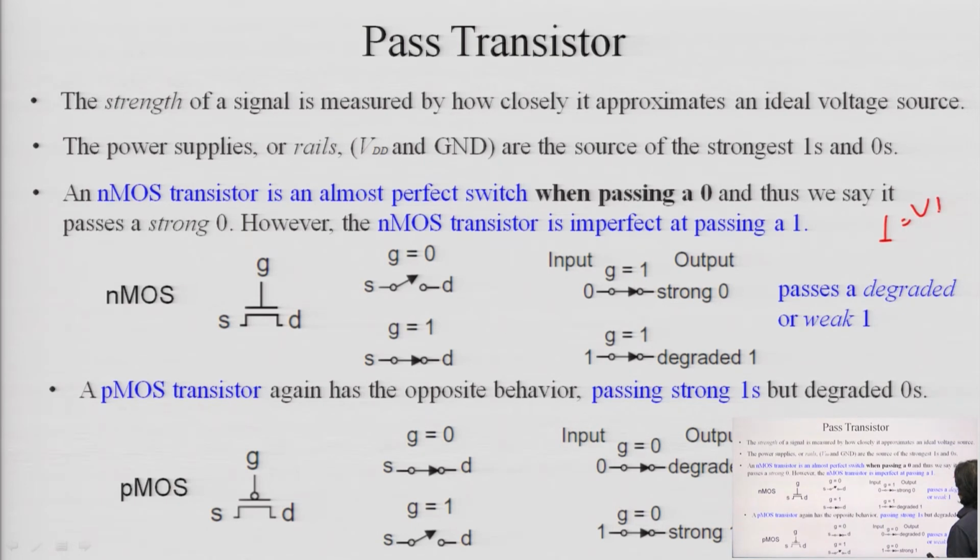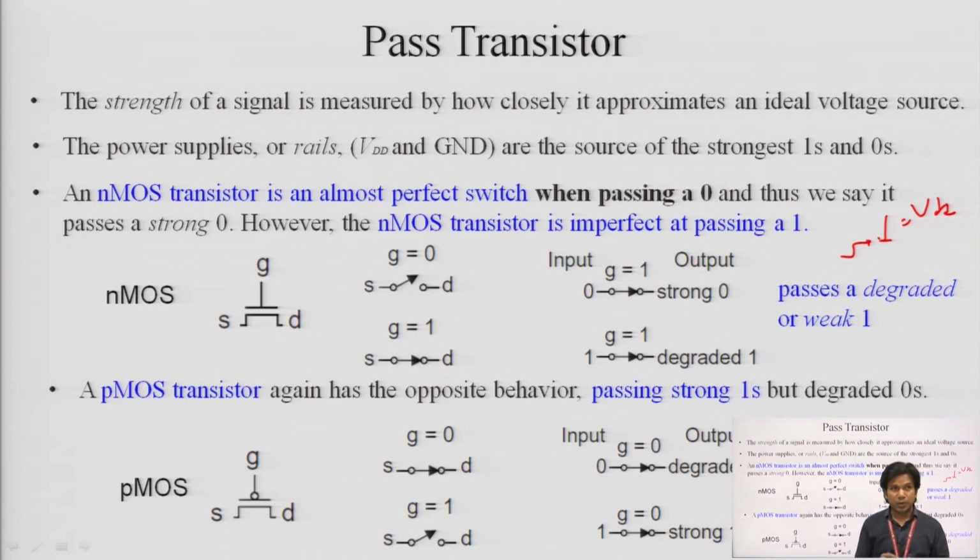So, your output strength is how close it is to this 1, or whether it is close to 0. If it is very close to 1, then we can say it is having output as a 1. If it is very close to 0, then we can say it is going for the 0. So, the power supplies or rails, either VDD or ground, are the source of a strong 1 or a strong 0. By using a pass transistor, you will have a strong 1 or a strong 0 outcome.